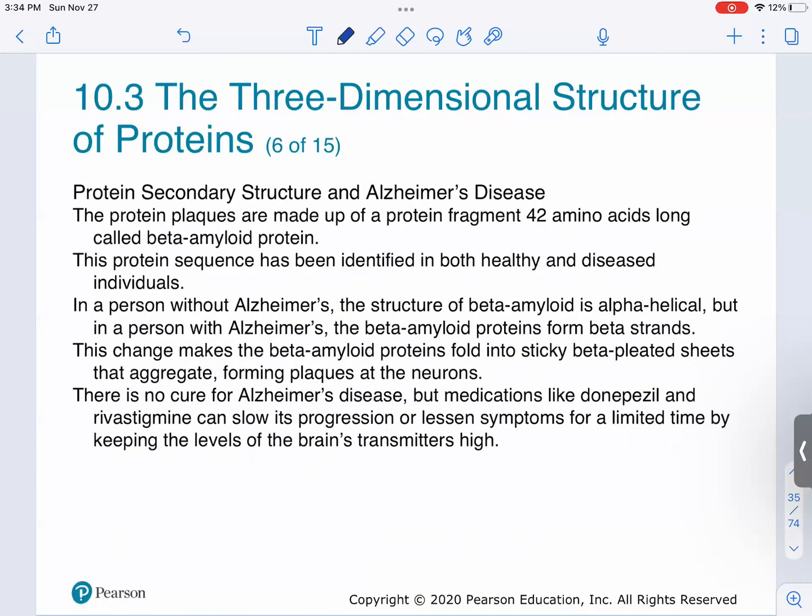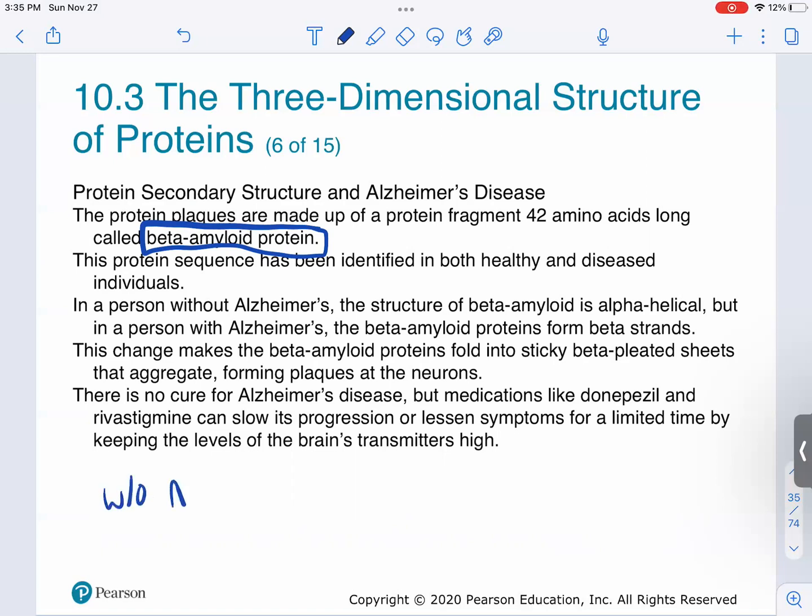So specifically, this slide talks about what happens with those secondary structures. Those plaques are going to be made of a protein that's called beta amyloid protein. So when you have somebody who does not have Alzheimer's, the beta amyloid is alpha helical.